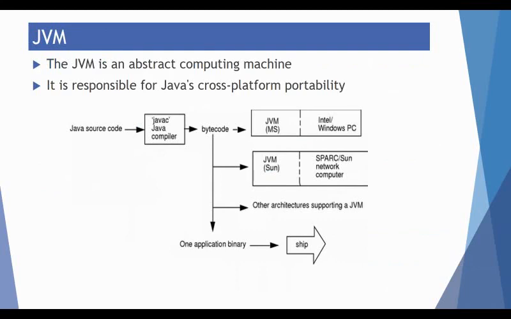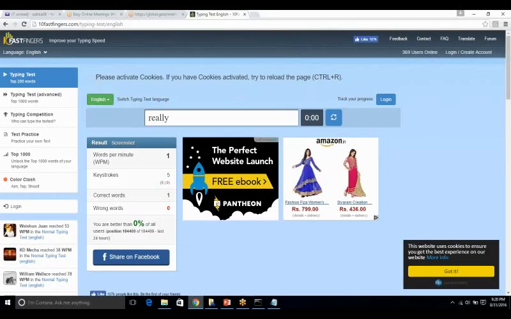Now, before we start executing the program, first let us understand what is JVM and what is JRE. JVM is an abstract computing machine. Now over here you've got the Java source code. Let me take a simple diagram for this.